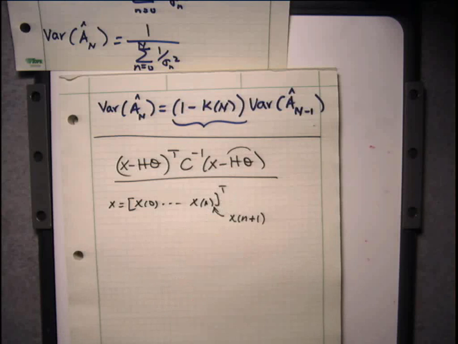You approximate s of theta with something like h times theta, and then when you get an estimate, you reapproximate, just like we did before for the iterations, and at every step, in addition to adding a new data point, you have to relinearize the problem. But this is basically the general framework for things like the Kalman filter: iteratively or sequentially improving your estimate every time a new data point comes in without having to do everything all over again.